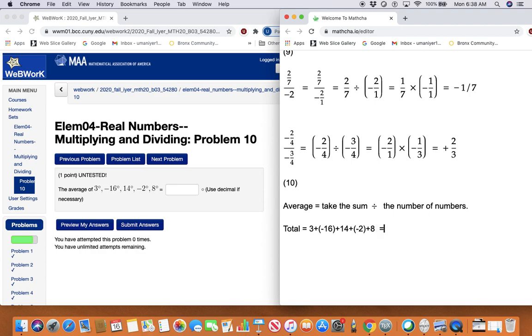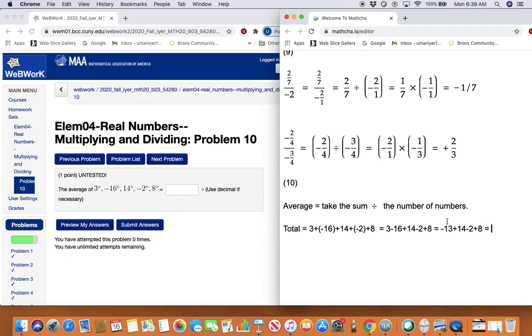So let's figure this out. 3 minus 16 plus 14 minus 2 plus 8. What did I do? Positive followed by a negative is a negative. Okay. So at this point, go from left to right. 3 minus 16 is negative 13 plus 14 minus 2 plus 8.